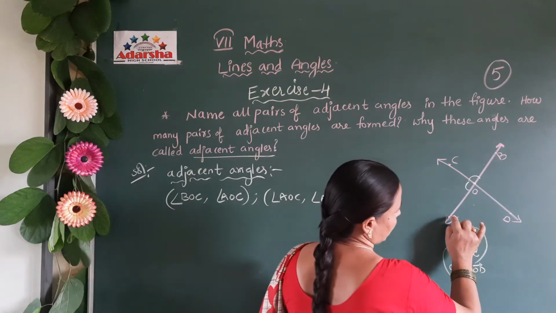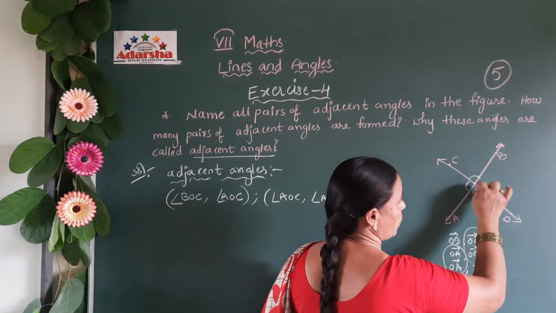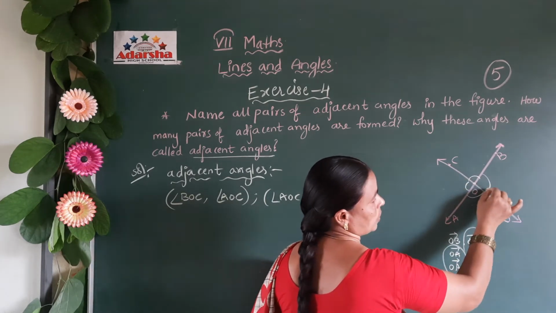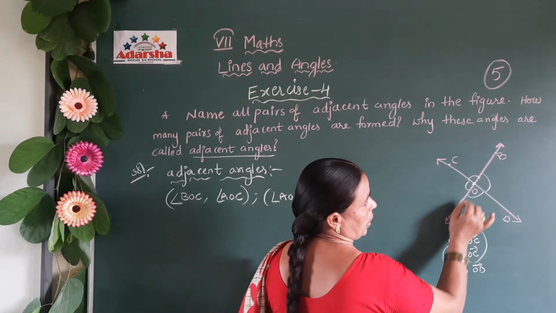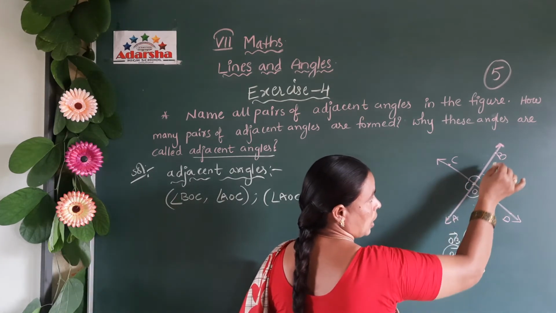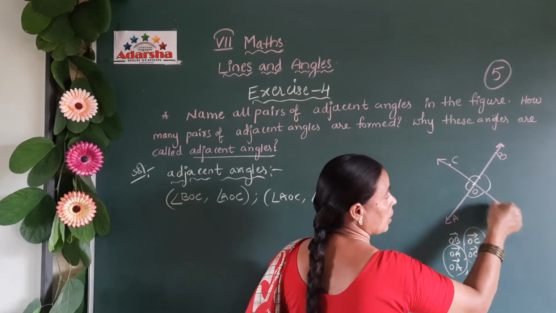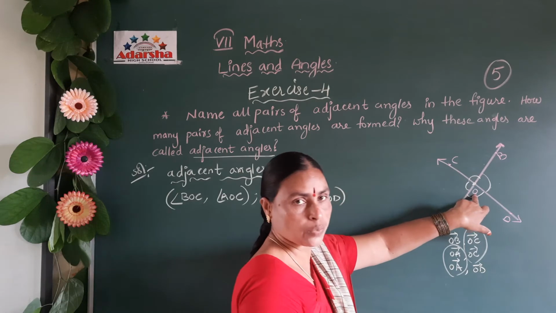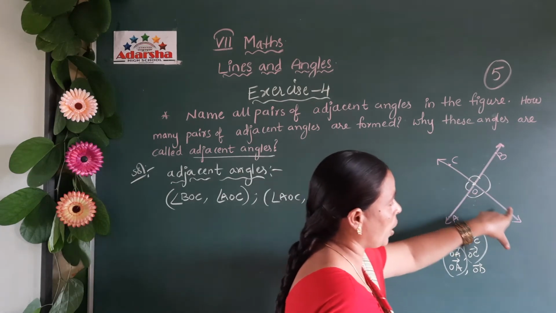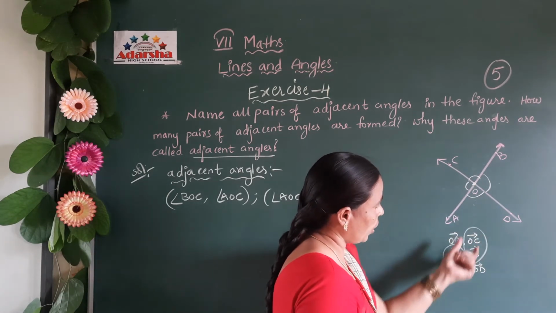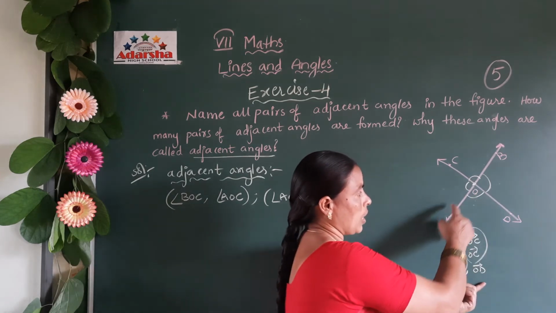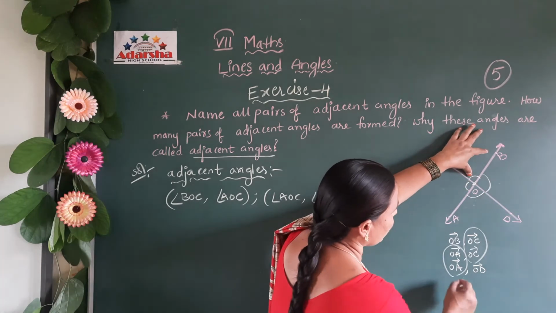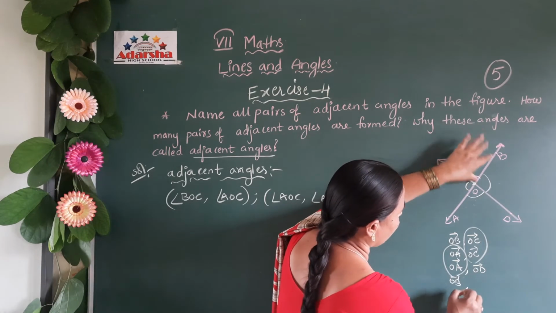Now observe angle AOD and angle BOD. What is the vertex for AOD? O is the vertex, and in BOD also O is the vertex. That means these two angles have the common vertex O. The arms of angle AOD are OA and OD, and the arms of angle BOD are OB and OD.